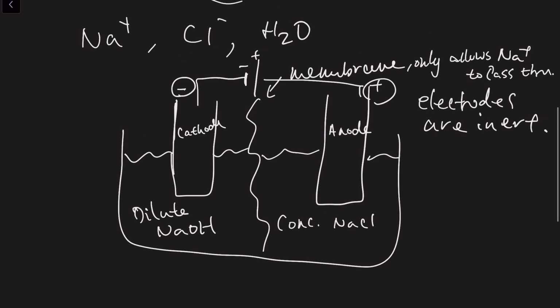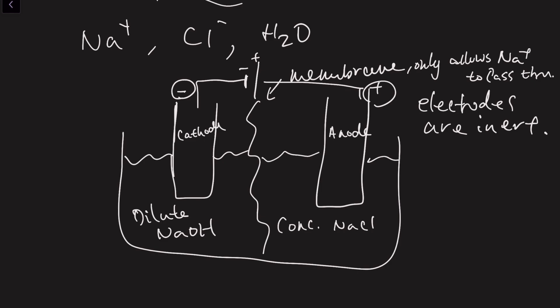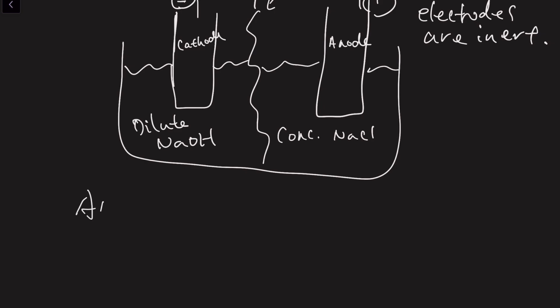And let's look at the reaction that could happen in this system. So for the anode, we have water and chloride ion that can possibly undergo oxidation, because sodium ion cannot undergo oxidation anymore. It's already in oxidized form.